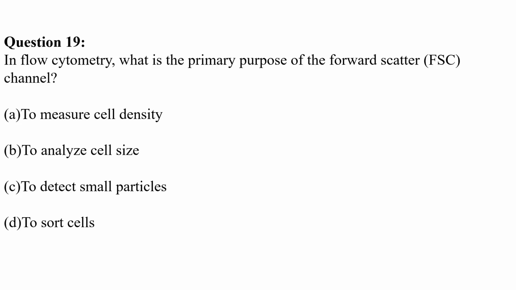So flow cytometry is a technique where we can sort the cell. So it's a cell sorter. We can sort the cell based on its size, based on its density, and if we have tagged the cells with some fluorophore, based on the fluorescence.